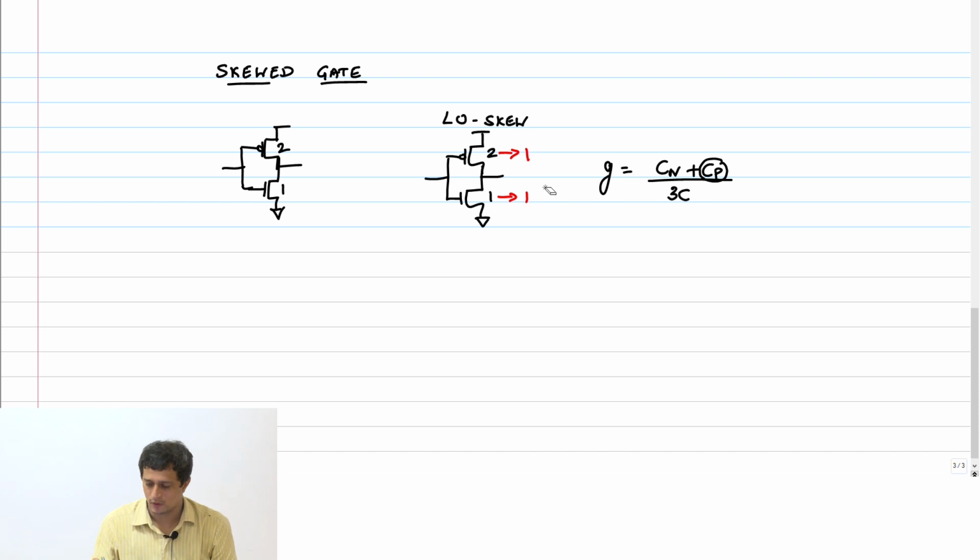Okay? Now, with this kind of a sizing, I am now going to go ahead and find out the logical effort for each of the edges, rising edge and falling edge. Okay? So let me take this guy, 1.